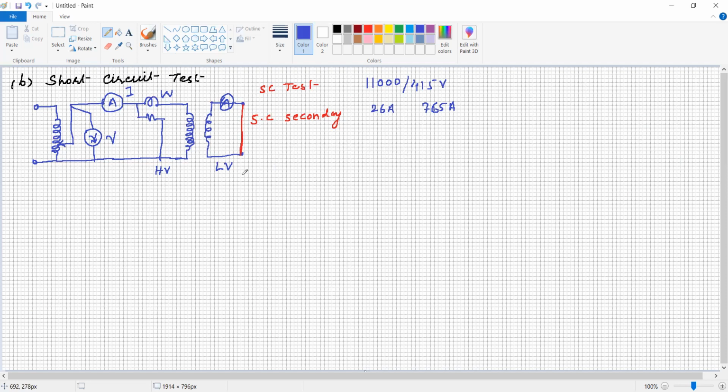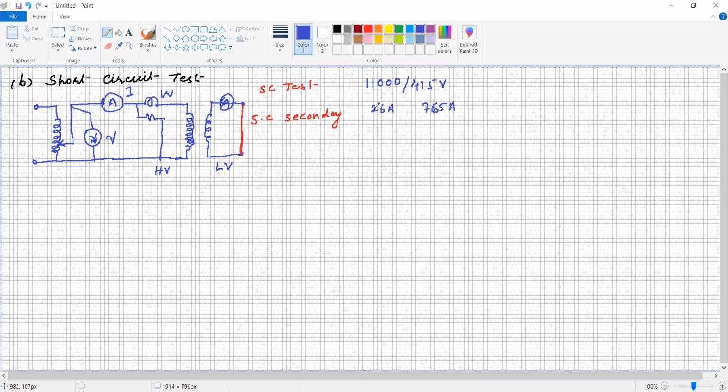Now if we connect the instruments on the LV side, then you have to circulate the full load current, which is very high. It is not possible to measure with an ordinary ammeter, voltmeter and wattmeter. So we have to use some CTs, and the circuit becomes very complicated.